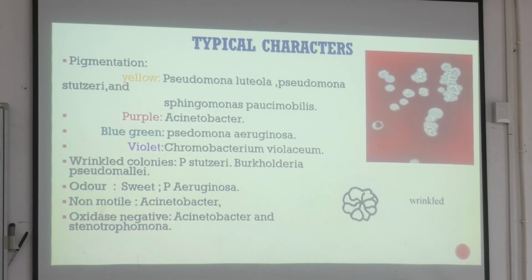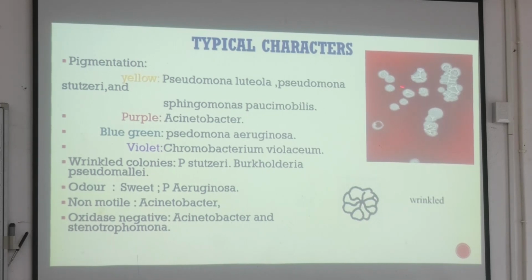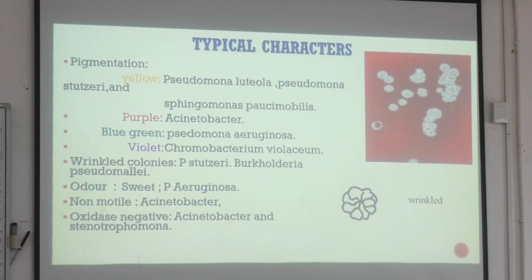The wrinkled colonies, these are examples of wrinkled colonies. You see these wrinkled colonies. The wrinkled colony in Pseudomonas stutzeri, in Burkholderia pseudomallei, this particular wrinkled type is seen. The odor usually is sweet in case of aeruginosa. The Acinetobacter strains are non-motile and oxidase negative.